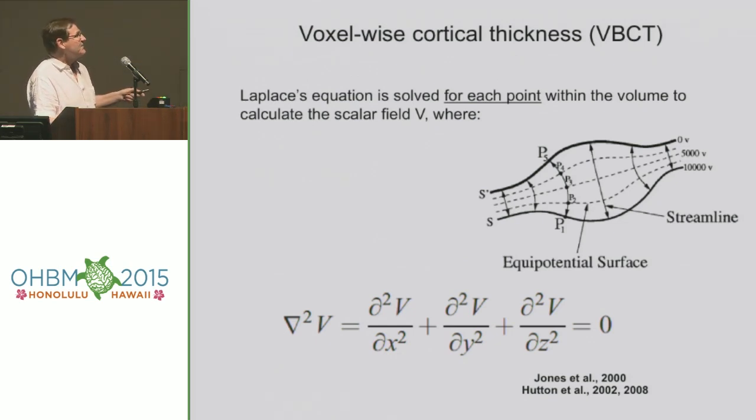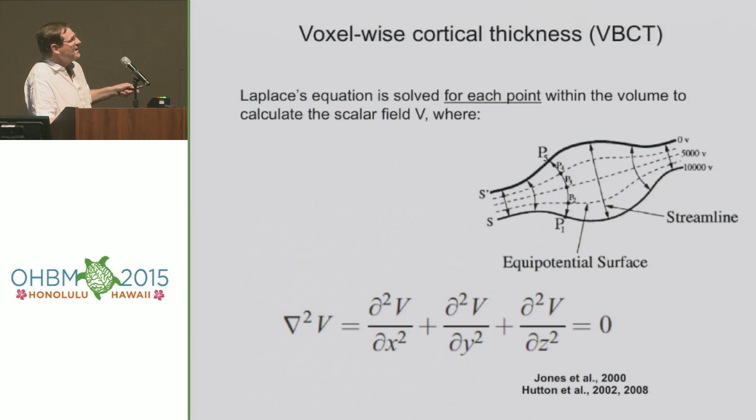One of the earliest examples of this approach was by Jones in 2000, and essentially they're looking at solving the Laplace equation from the white matter boundary to the gray matter boundary of the pial surface, solving Laplace's equation to integrate the vector field across the scalar field from gray matter to CSF.